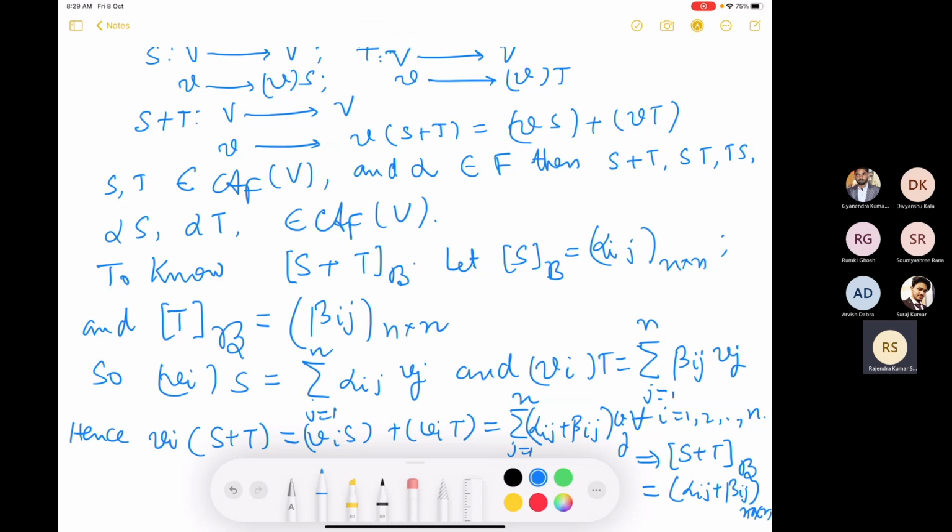So the matrix of this S plus T is the matrix whose ijth entry is alpha ij plus beta ij.